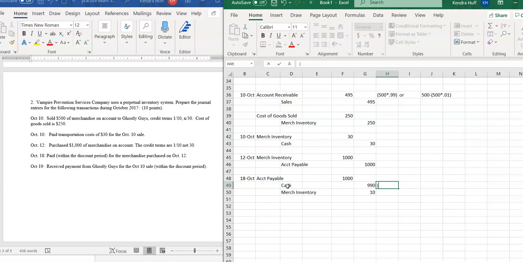All right, so this is the 1,000 times 0.01. And then this is the 1,000 times 0.99. Or you can do the 1,000 minus the 1,000 times 0.01.